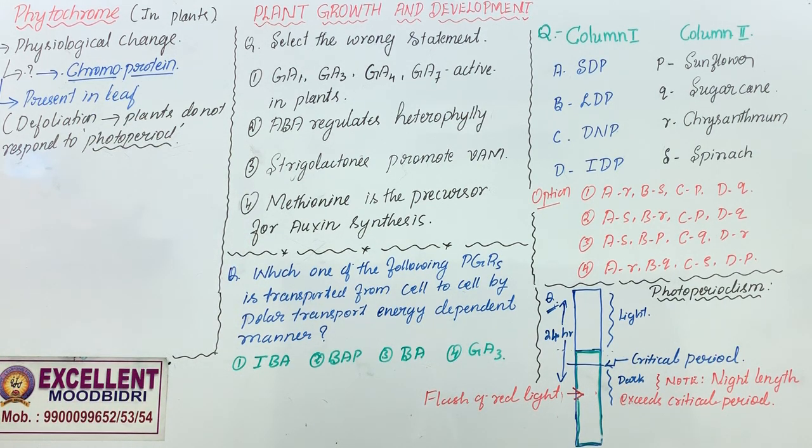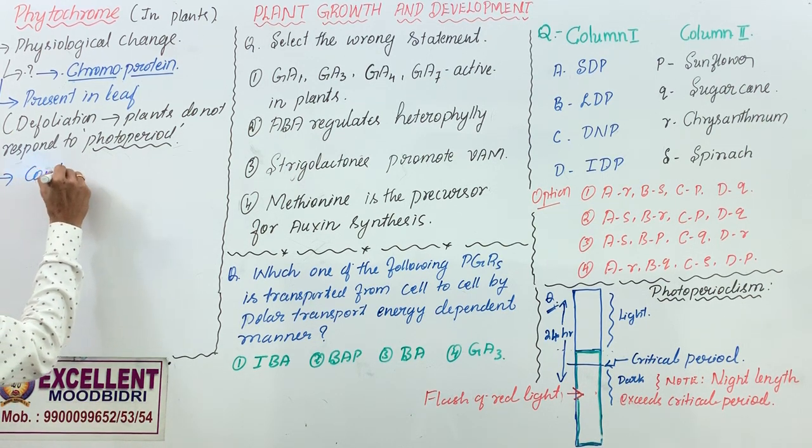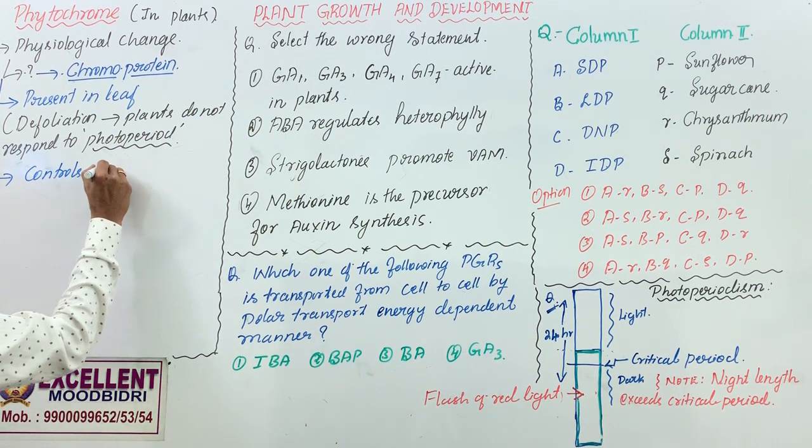It means phytochrome is responsible for controlling photoperiodism.